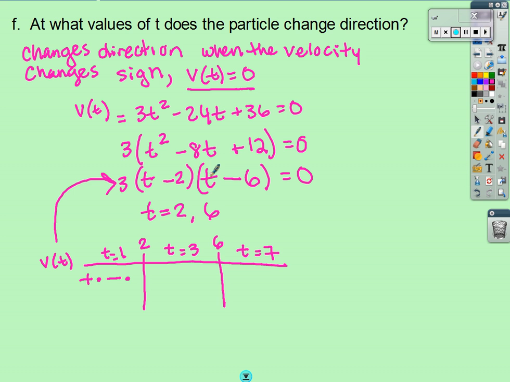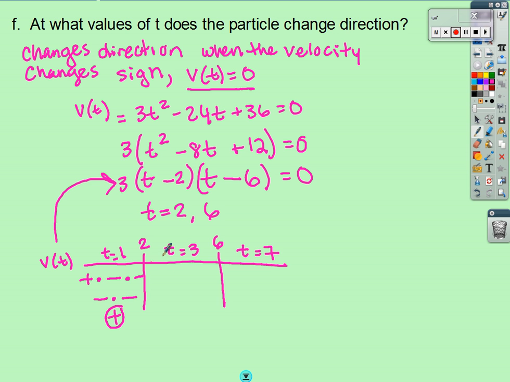In the last factor, I plug in 1, and I get 1 minus 6, which is also negative. Positive times a negative gives me a negative, and a negative times a negative is a positive value. So before t equals 2, we have positive velocity.